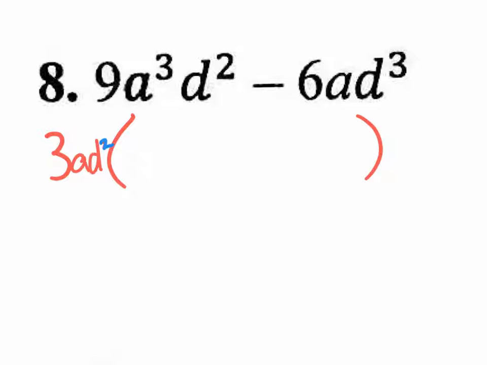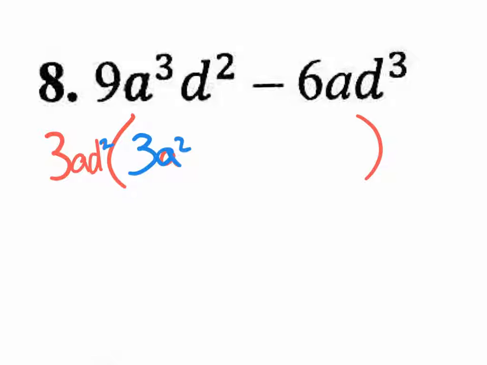So we have 3ad squared on the outside. And now let's think. 3ad squared on the outside times what will give me a 9a to the third d to the second? Well, 3 times 3 will give me a 9. How about a times what will give me an a to the third? A to the second. And then d squared times what gives me a d squared? I don't have to multiply it by anything. It's already there.